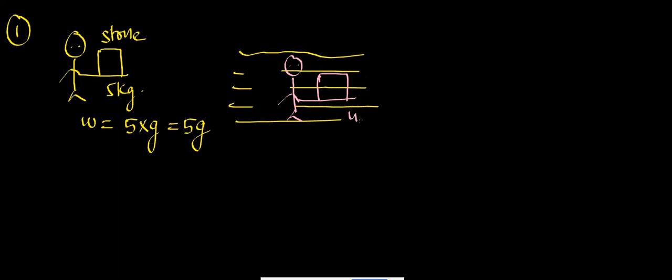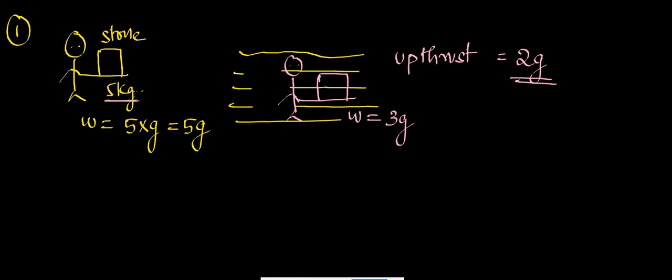But how much weight do you feel now? Maybe let me assume that you are feeling only 3g weight. That means remaining 2 kg weight is lost. It's because of what? Because here upthrust is acting. And how much is the upthrust? That 2 kg is mass, m into g. 2 kg into acceleration due to gravity, 2g. Ma'am, 2 kg, right, ma'am? Kg is what? It's nothing but only mass.